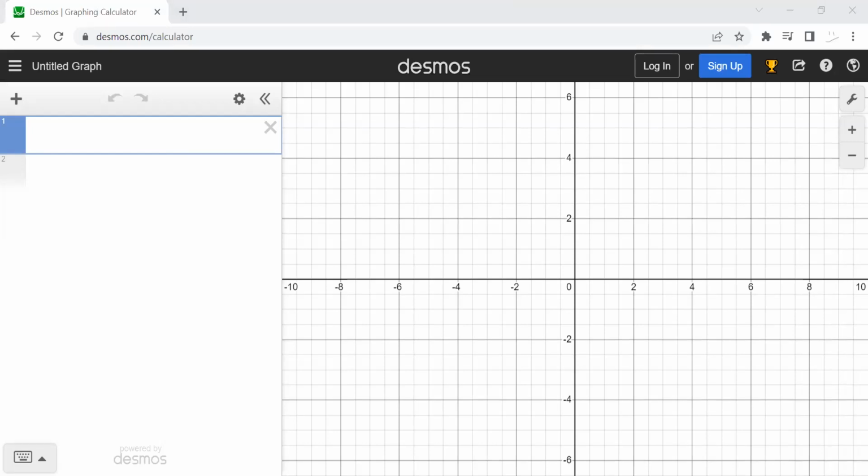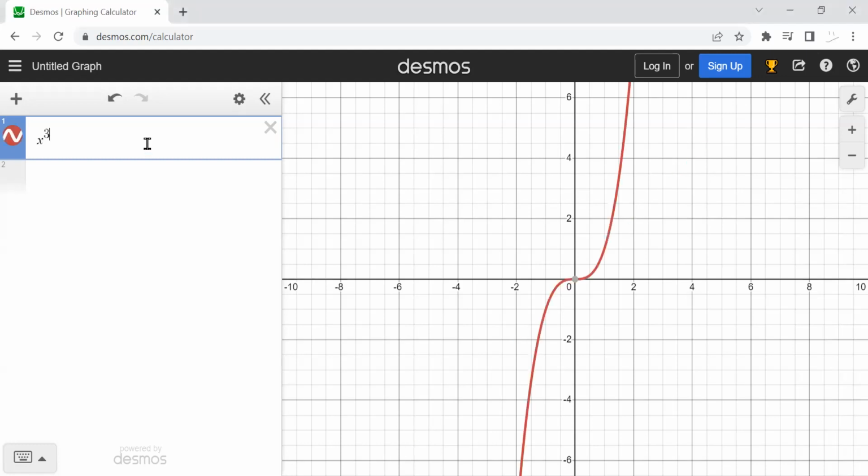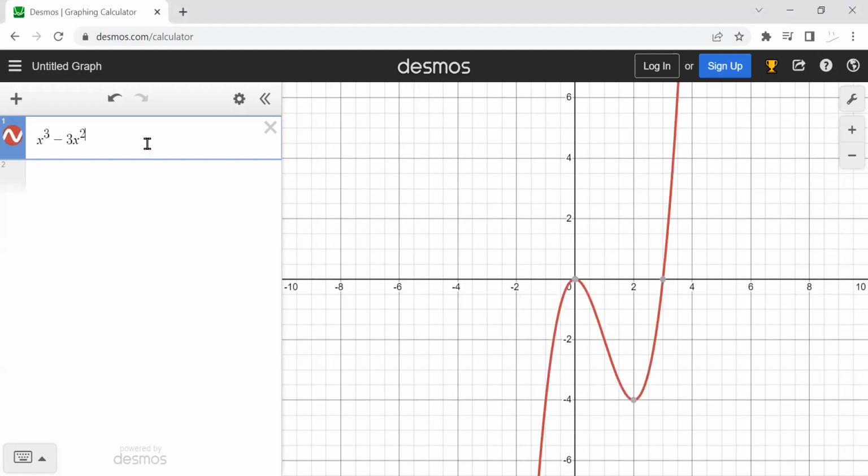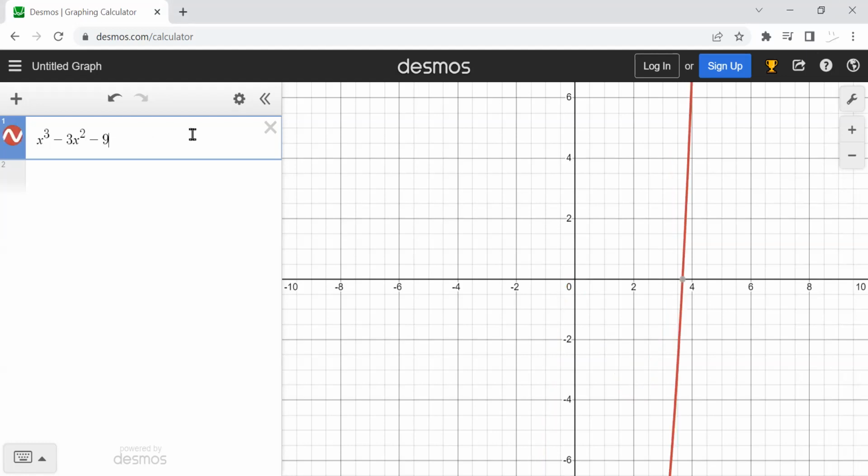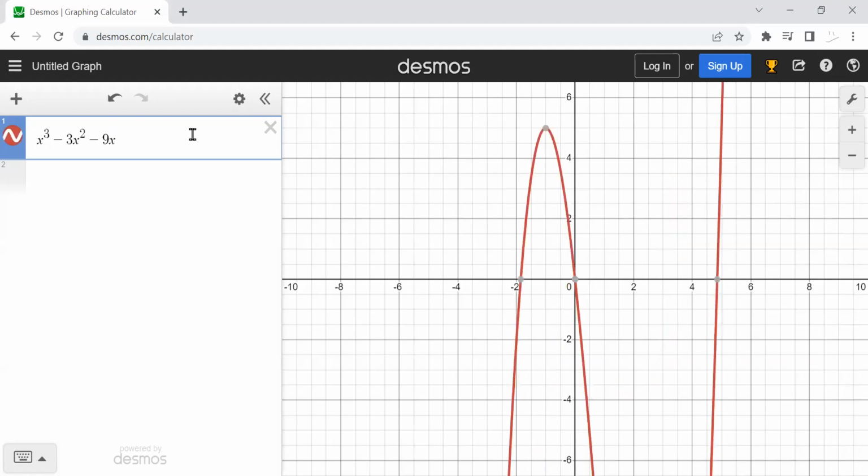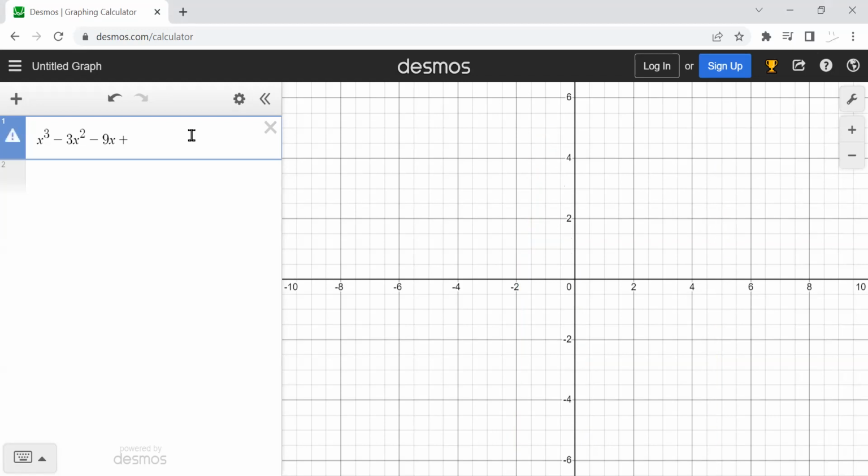Y equals x cubed minus 3x squared minus 9x plus k, but in this case, we had two different values for k, namely negative 5 and 27.